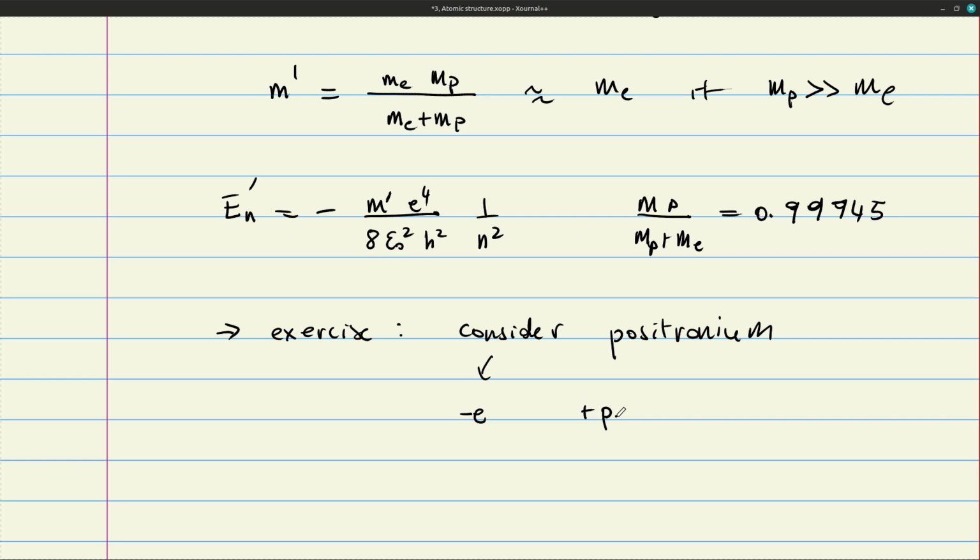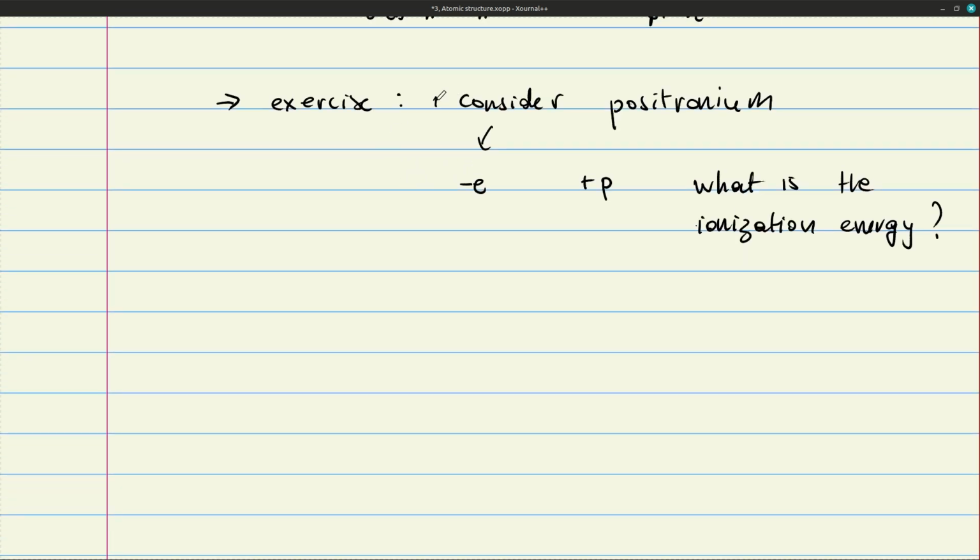Positron is exactly like an electron but with positive charge, so their masses are equal, and we can also consider a bound state of these two things like a toy atom if you want. And the question is what is the ionization energy, right? So this is one exercise we can think about.